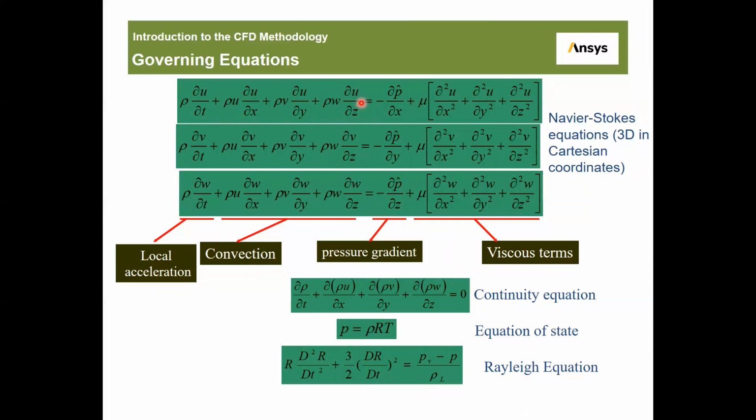What drives the flow moving from one window to the other is, of course, the pressure gradient. If you have different pressures, the flow will move from one point to the other. This is due to the pressure gradient. And then we also have the viscous term.